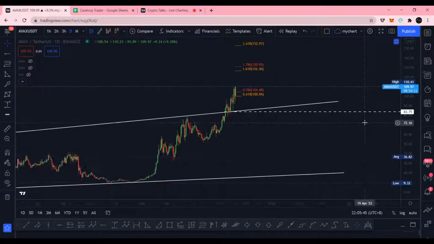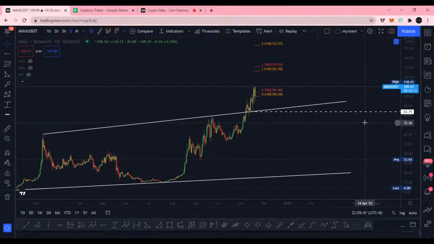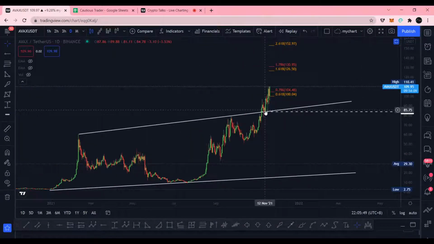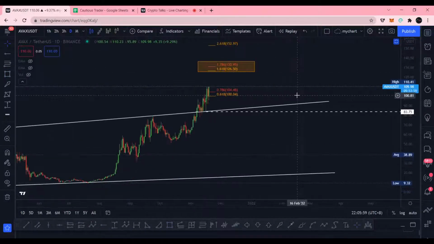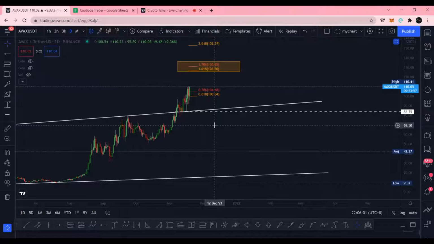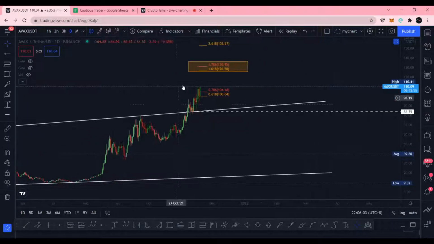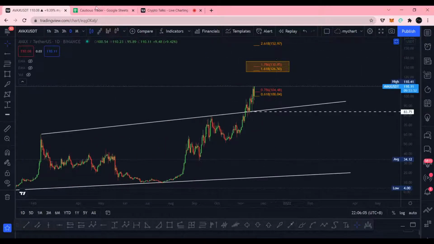So for now, we'll adjust that, and this will be our next target area because it's already reached the 108 area. So as long as it continues, then that will be it.